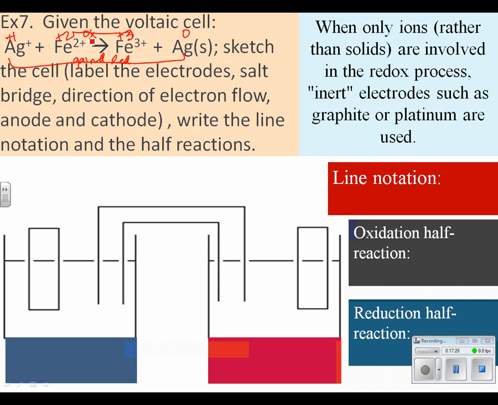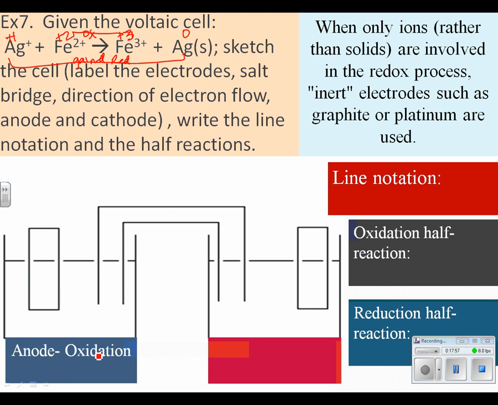Okay, so we're going to sketch the cell in our notes. The first thing it says to do is label the electrodes. Since we have Ag, Ag is the one that is reduced. Remember my An Ox and Red Cat. So it goes with my cathode.